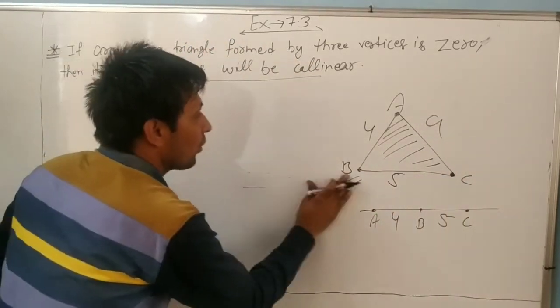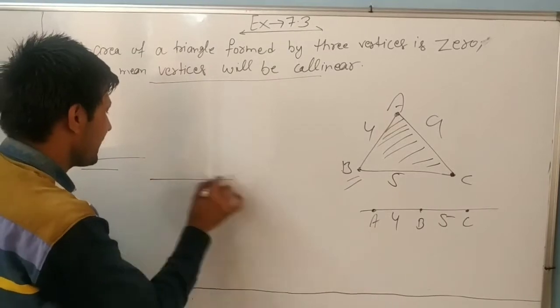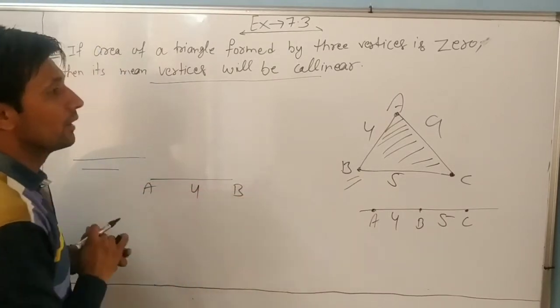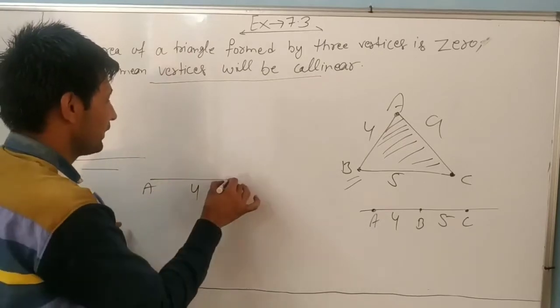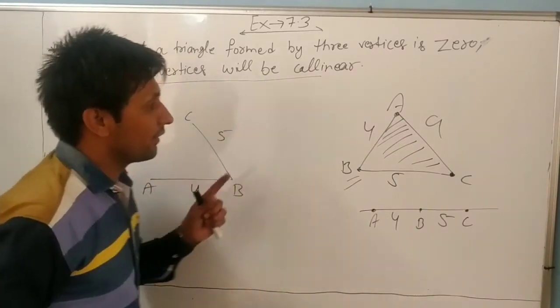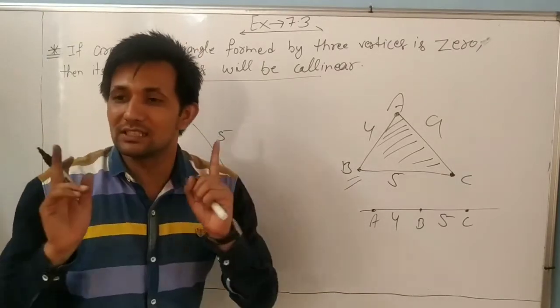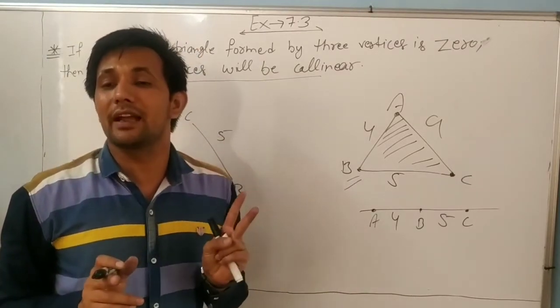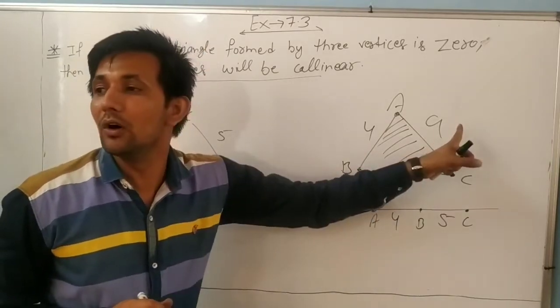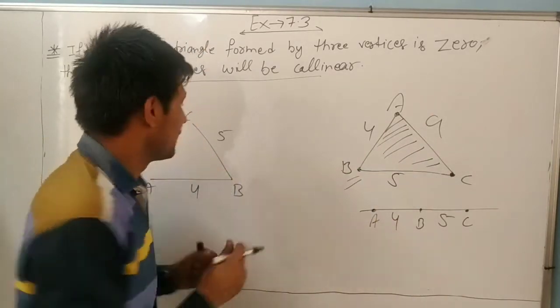No. Why? Because look at AB, it is 4. BC is 5. And everyone knows the sum of two sides in a triangle is always greater than the third side. 4 plus 5 equals 9. It is not greater.